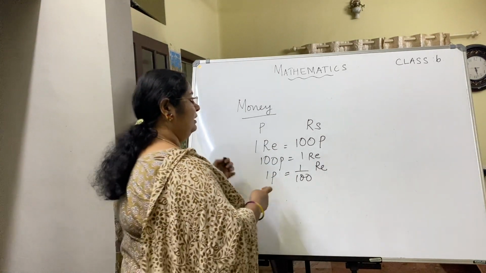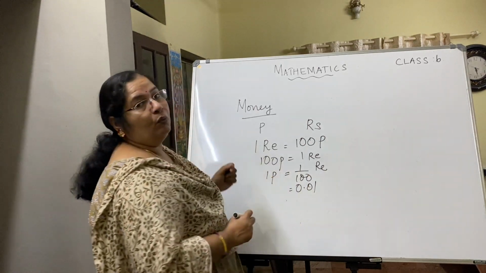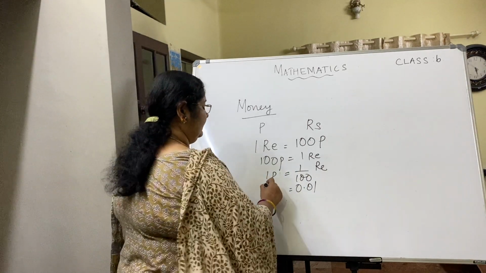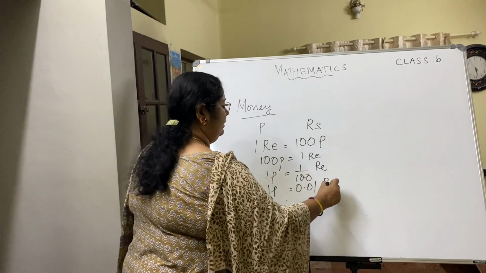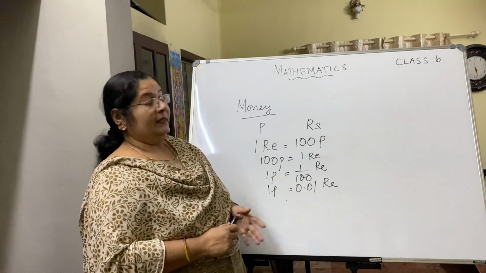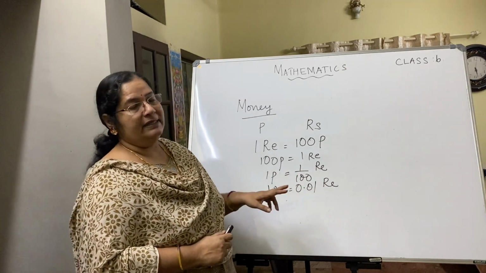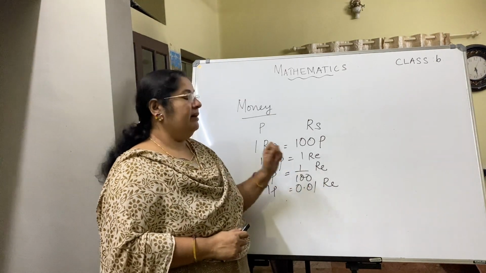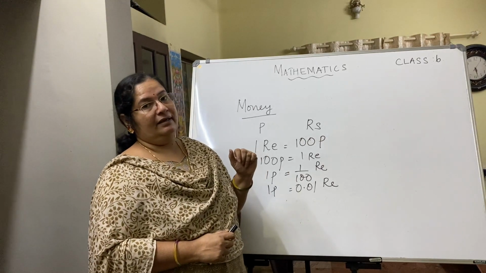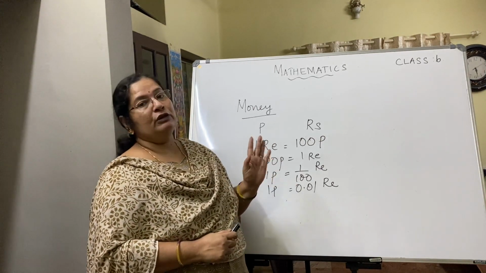So 1 by 100 will be equal to 0.01. So 1 paise will be equal to 0.01 rupee. This relation you have to keep in mind. 1 paise is 1 by 100 of a rupee, or in decimals, 1 paise is 0.01 rupee.